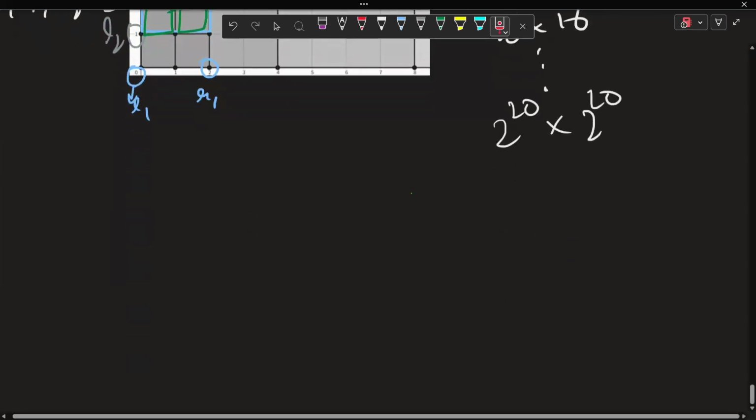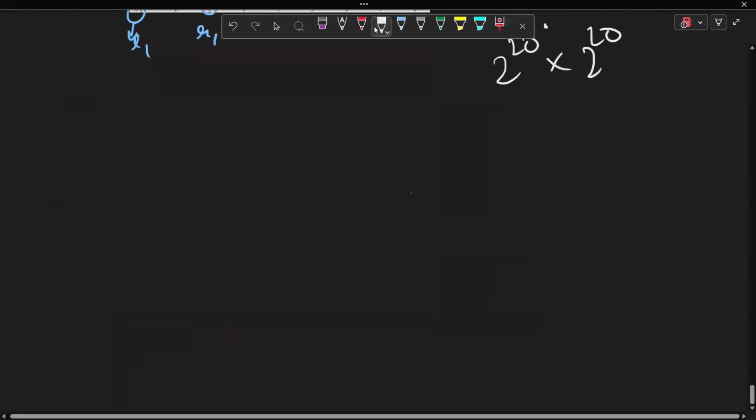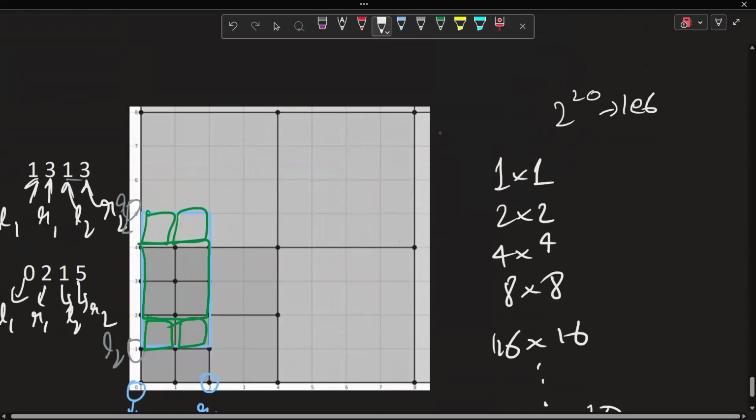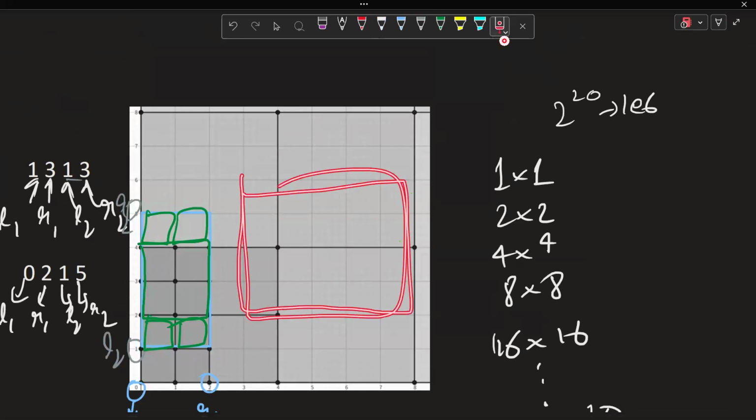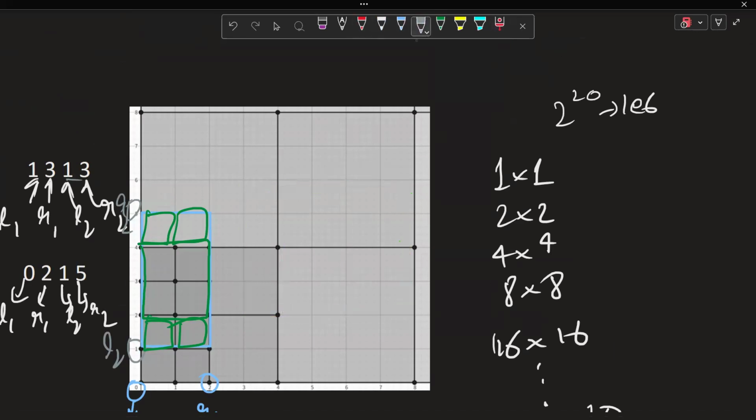And so what would happen? Let's say you want to do it for this rectangle.